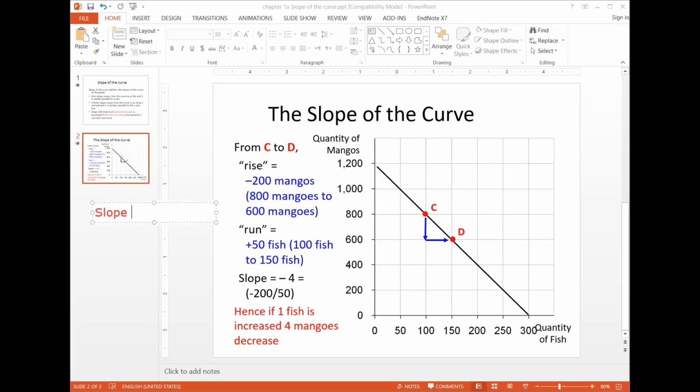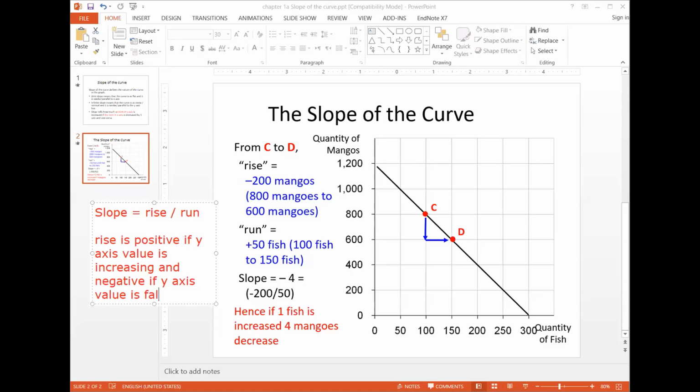We discussed that slope is equal to rise divided by run. So what is rise? Rise is positive if the y-axis value is increasing, and negative if the y-axis value is falling.